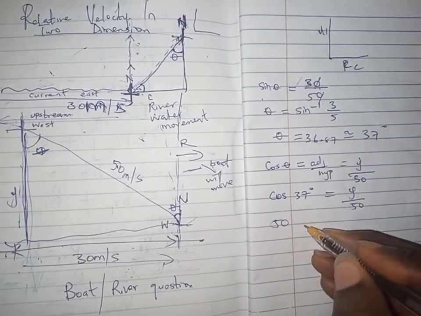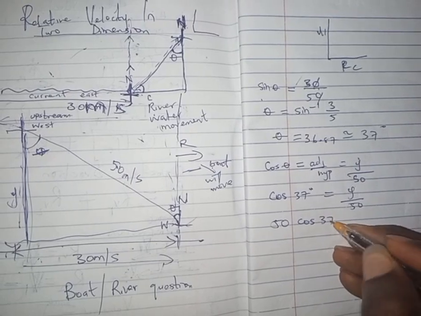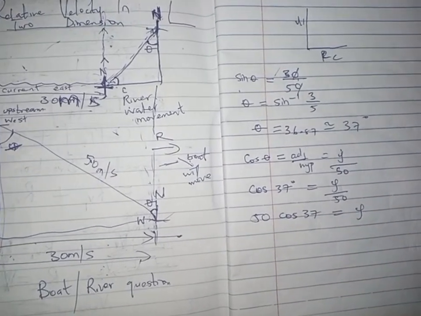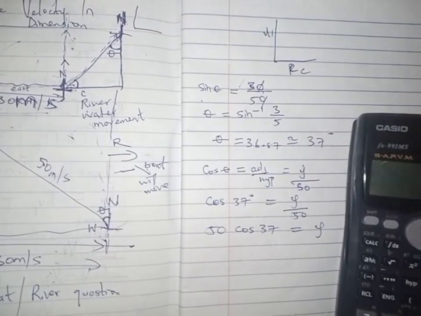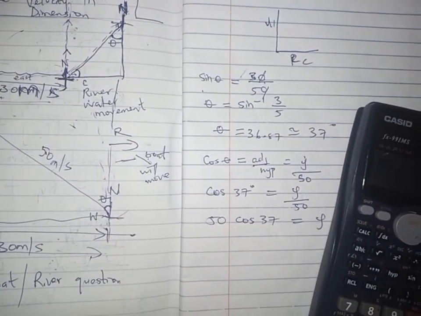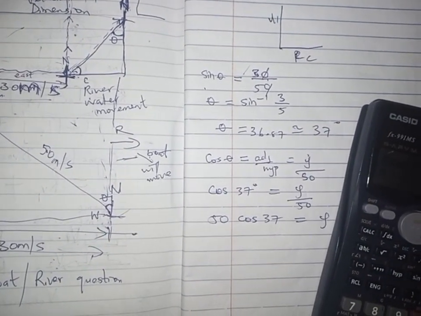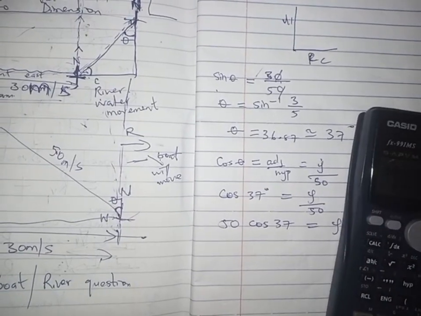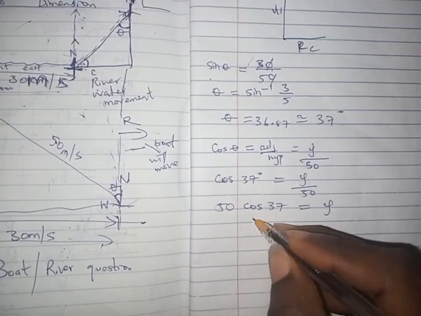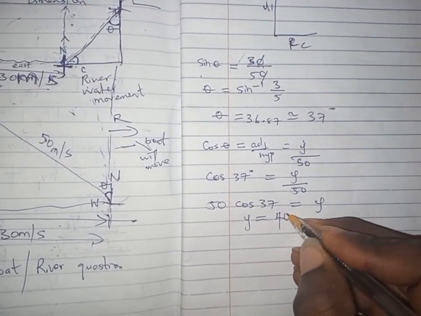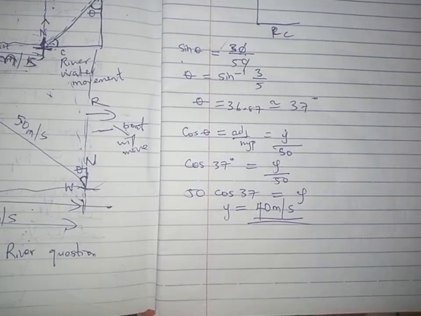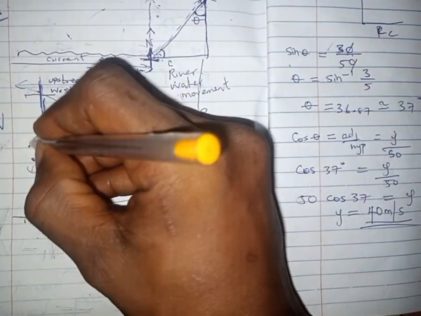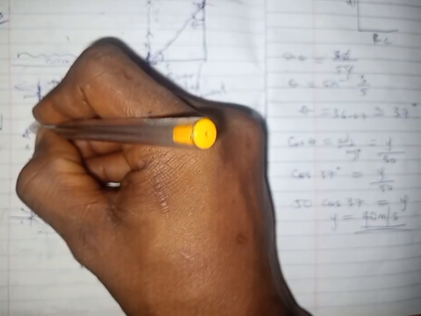So 50 cos 37 is equals to the y-axis. So here's my calculator. 50 cos 37, so 39.9, y is equals to 40 meters per second. That's approximately. So if you've gotten it, y is 40 meters per second.